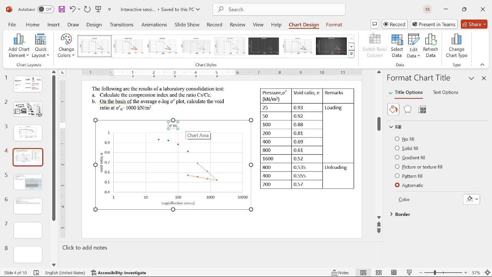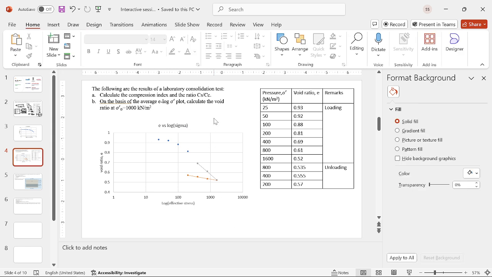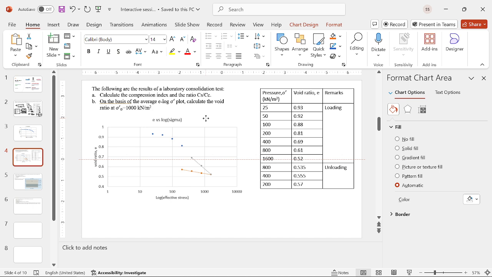E versus log sigma. So these are the points that we identified, and from our calculations we got, let me note the results here so it's easy for you in the PPT.